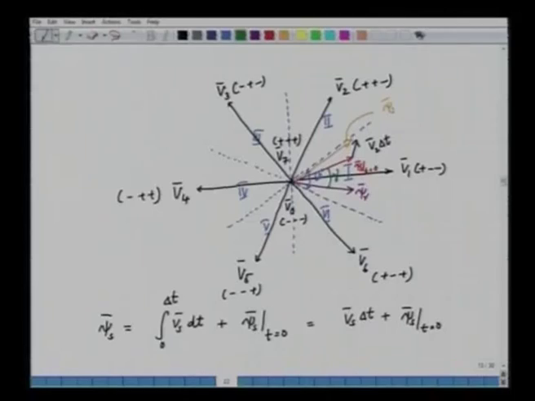It means in this equation, if Vs is equal to 0, then psi s equals psi s at t equal to 0. So, the flux does not change. The position of the flux vector also does not change. So, if you put Vs equal to 0, or if you apply a 0 voltage vector, the flux vector is frozen, and hence the torque neither increases nor decreases. What about the flux then?